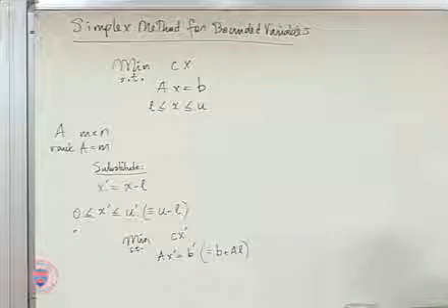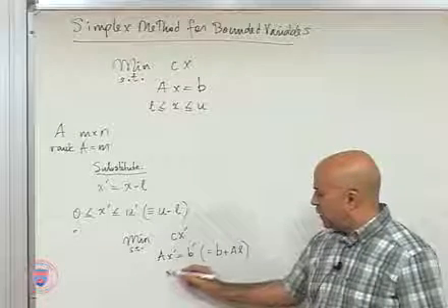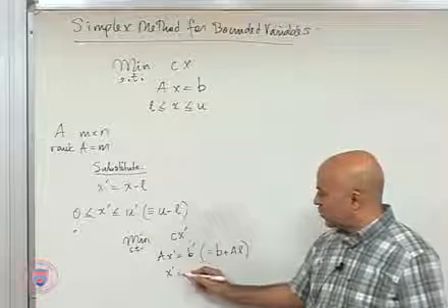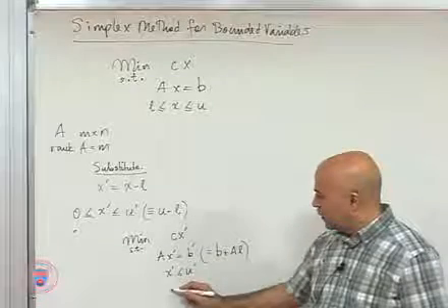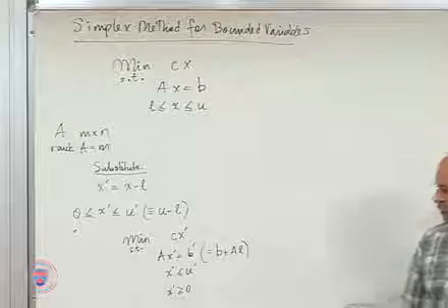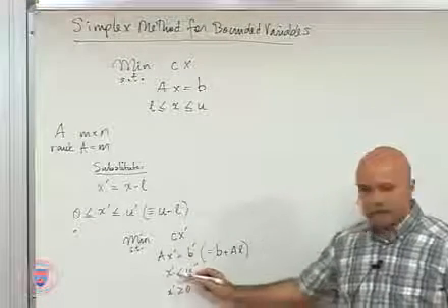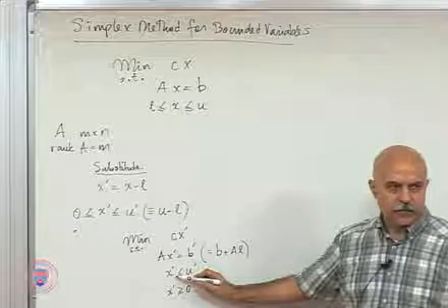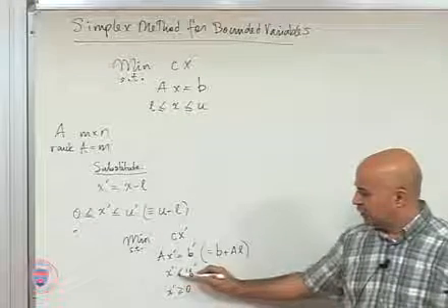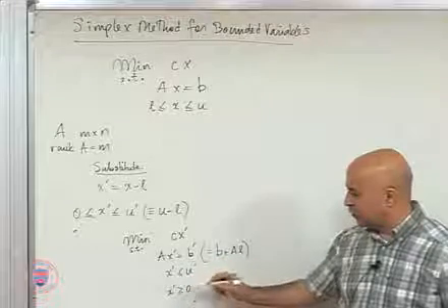X minus L, yes, okay. And x prime will be less than or equal to u prime, and x prime will be greater than or equal to 0. In this case, of course, you can add slack variables here to transform them into the usual format, the standard form problem.